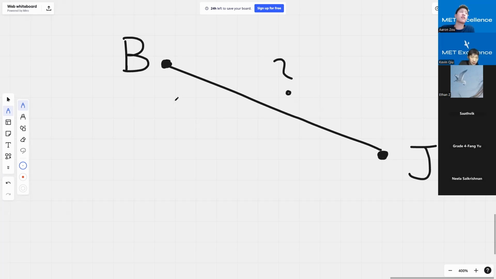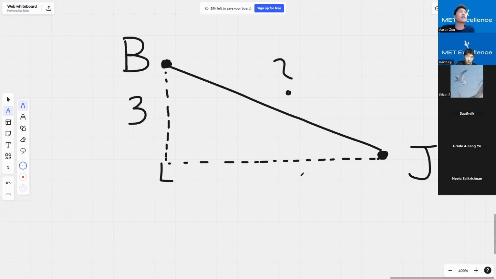Instead, we're given that Bobby is 3 meters north of a lamp post. So here's the lamp post. And then Joel is 4 meters east of the lamp post. And now the question is, what is the distance between Bobby and Joel? You can figure it out using the Pythagorean theorem.